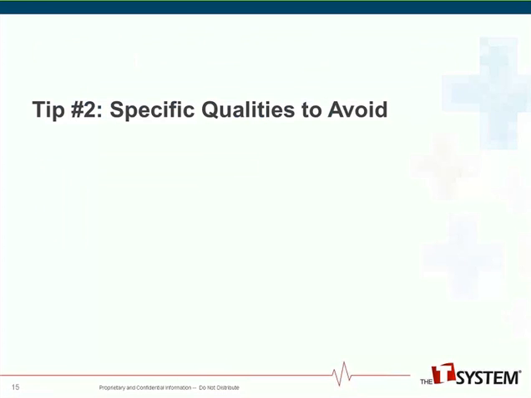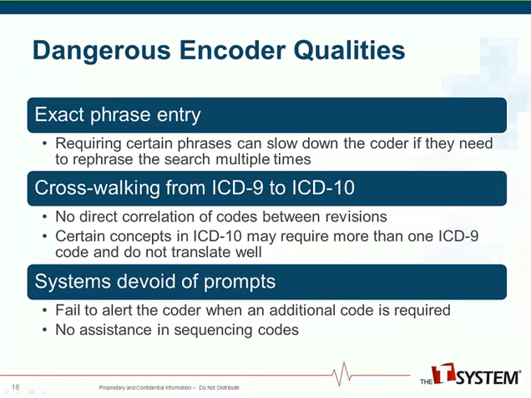So with those pitfalls, pros and cons in mind, let's talk about what you want to avoid. We talked about the pitfalls of some of those encoder types, and we talked about when you enter a search, if you have to phrase it and rephrase it and rephrase it, it takes more time.